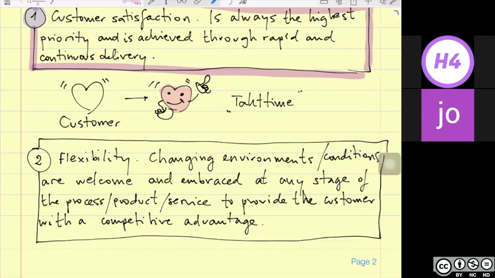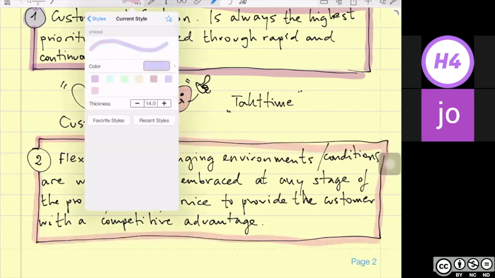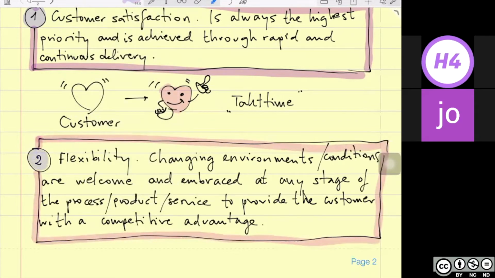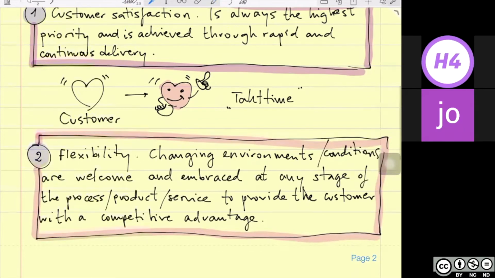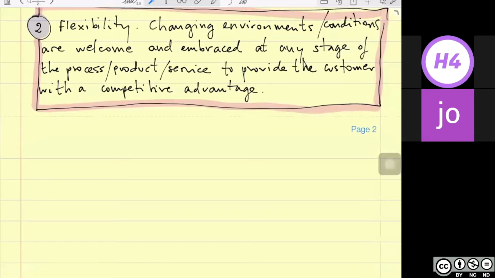So we are always happy to accept changes in the conditions, because if they provide our customer with a competitive advantage. Our pictogram about this is that changing the map, changing environment, sunny, cloudy, it doesn't matter, we are always ready to deliver.